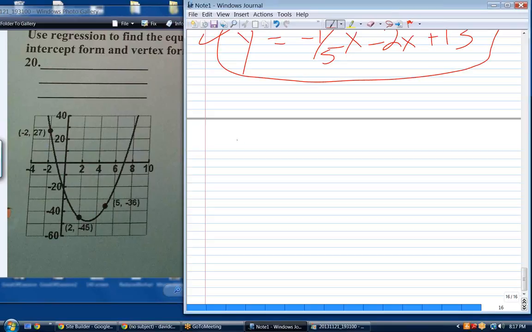So if we let this be the standard format, how can we solve for a, b, and c? We need 3 equations, right?